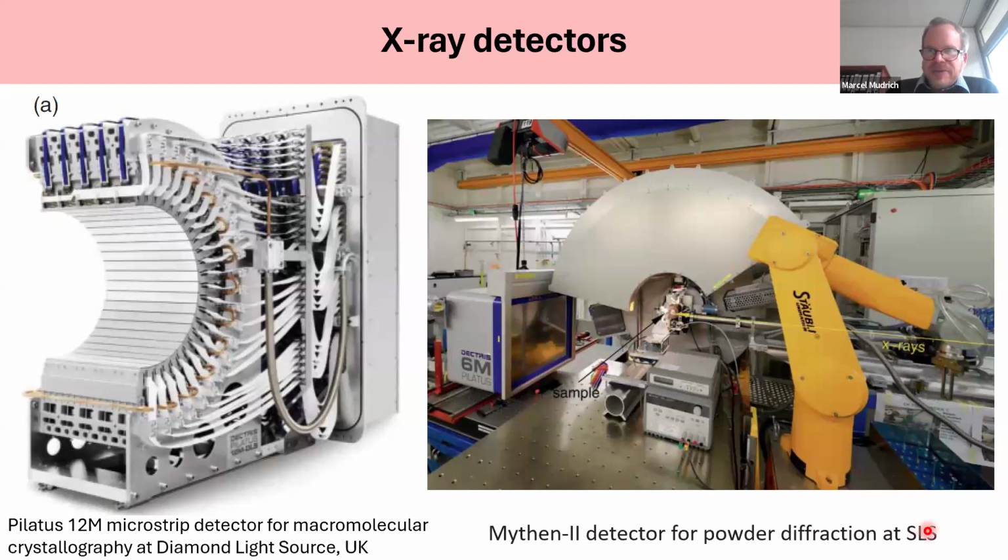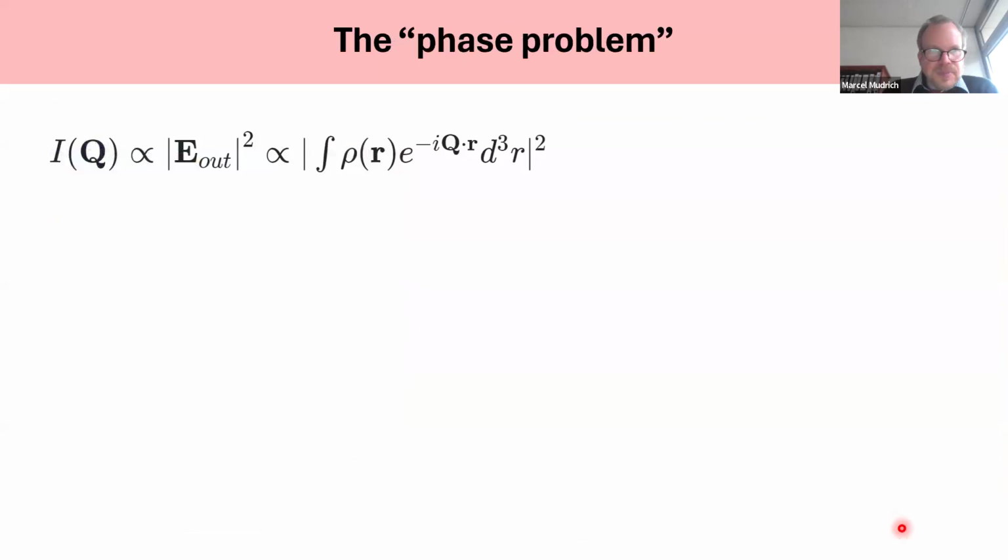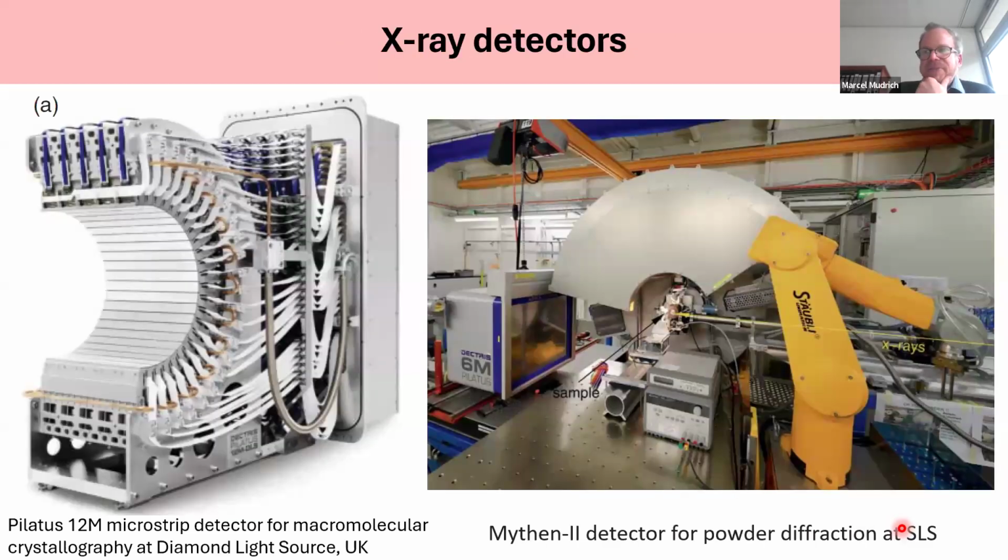This is at the Swiss Light Source in Switzerland. So that is a brief introduction into the classical X-ray diffraction techniques, where mostly it's about recording diffraction patterns from crystalline samples.